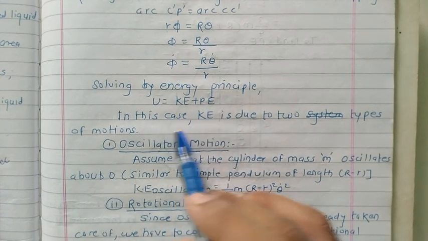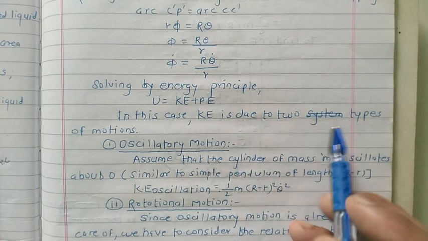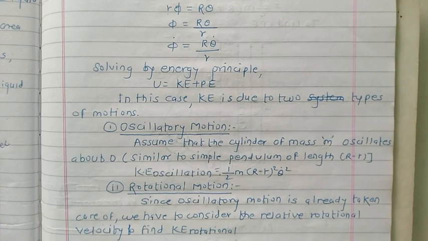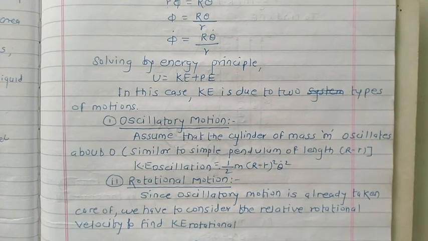In this case, the kinetic energy is due to two types of motion. First one, oscillatory motion, and second one, rotational motion. So what about this oscillatory motion?